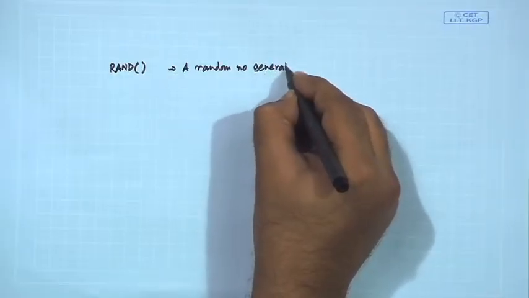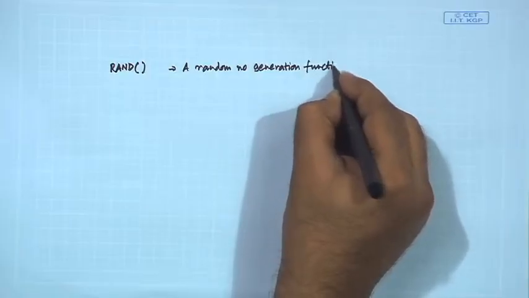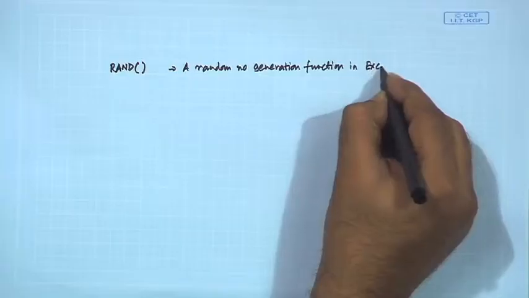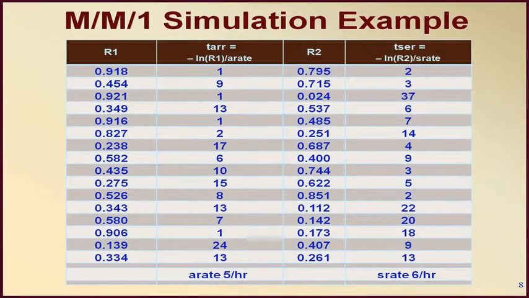This is the random number generation function in Excel. You can use this RAND function and generate these random numbers.